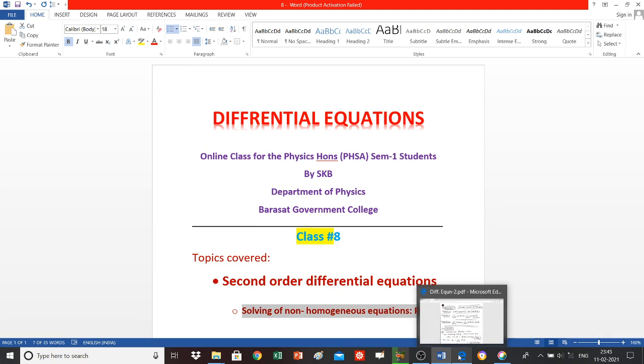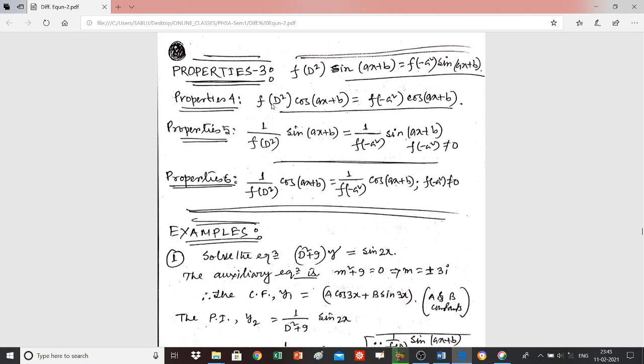Now let us start, but before starting this class we need to go through some properties of D operators. As we already know some properties of D operators, here are some more properties which are summarized.